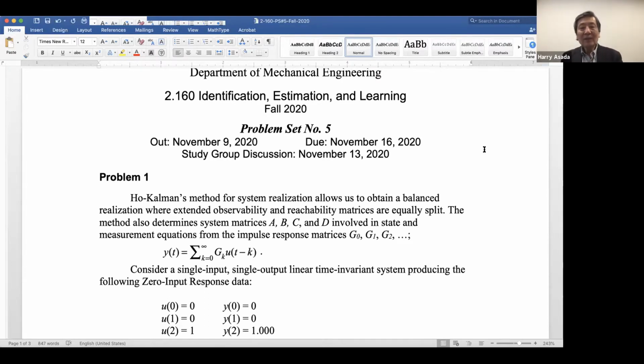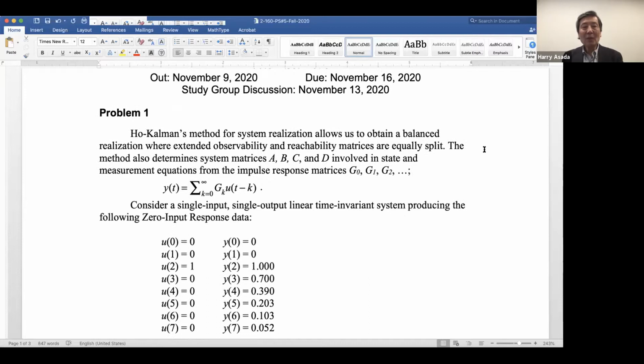The goal is to determine the system matrices A, B, C, D, where x(t+1) = A x(t) + B u(t), right? And y(t) = C x(t) + D u(t), right? First let's look at the realization case.